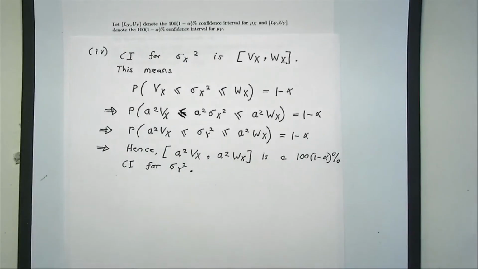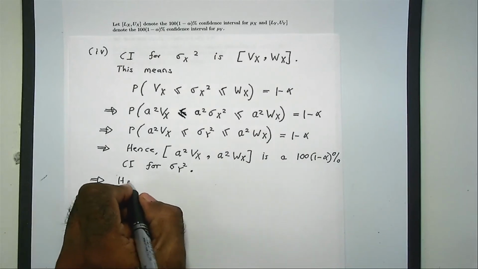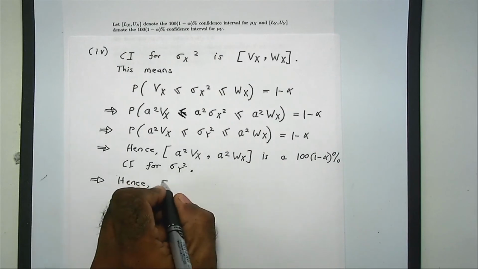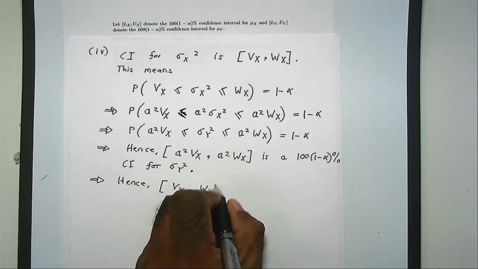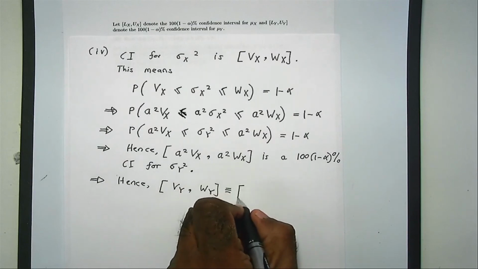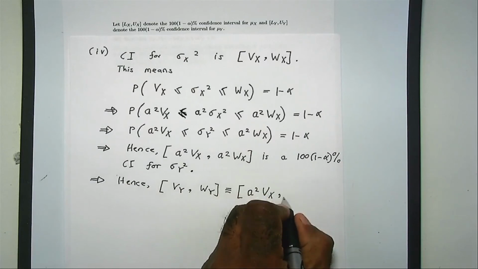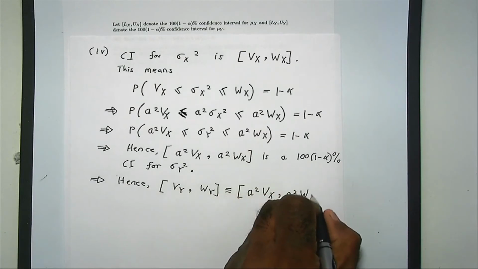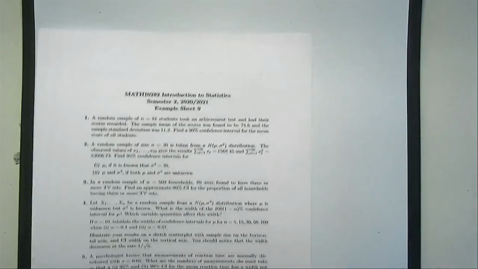So hence the given confidence interval, which is V_y, W_y, must be equal to this. All right. So this completes the solution to question 7, and also completes the solution to tutorial sheet 9.